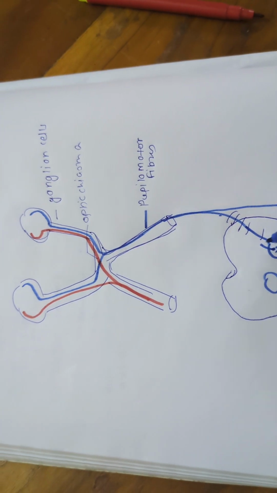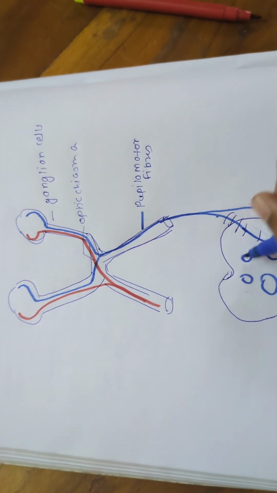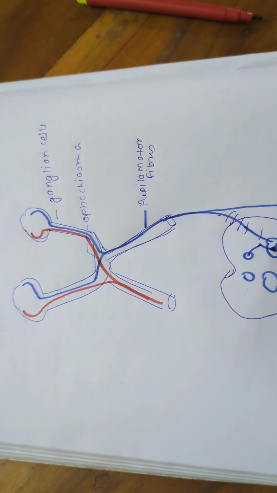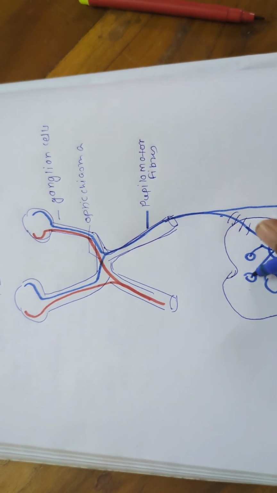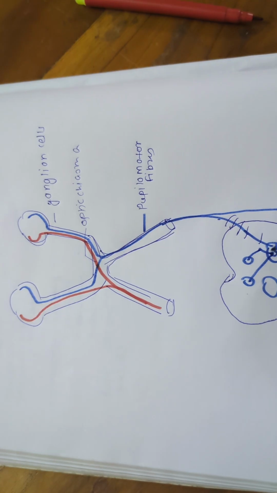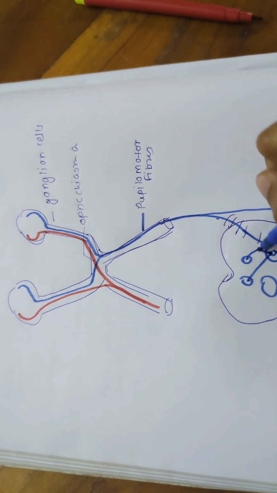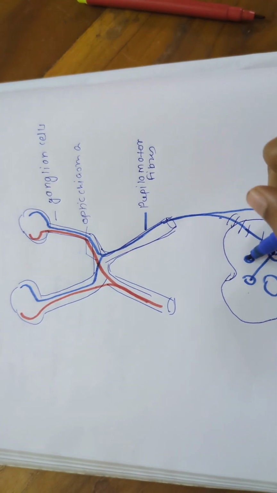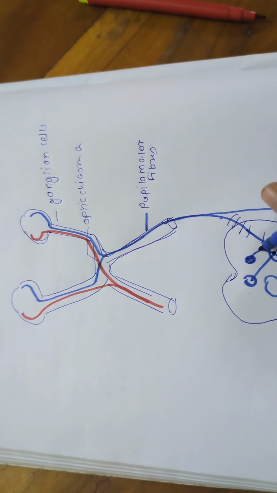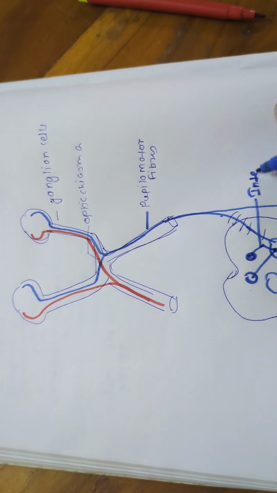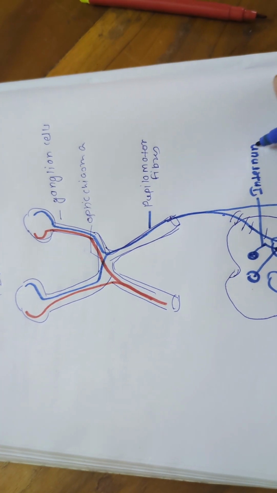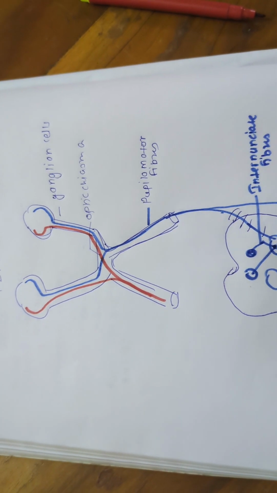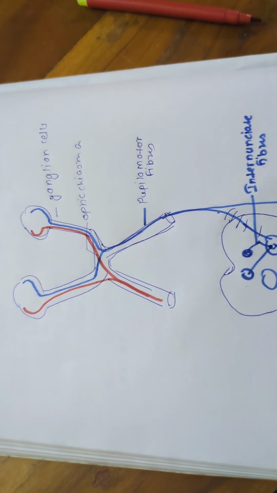There are two pretectal nuclei and these are the Edinger-Westphal nuclei. From pretectal nucleus, these fibers terminate on both sides, one side to the Edinger-Westphal nucleus by the internuclear fibers. Basically, these connect pretectal nucleus to the Edinger-Westphal nucleus.